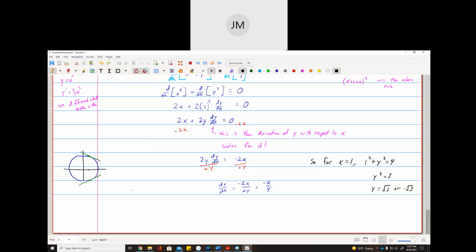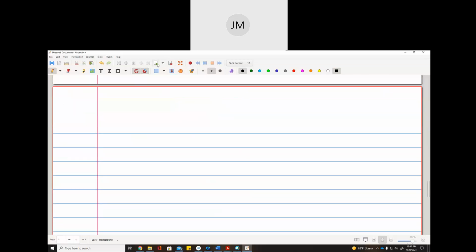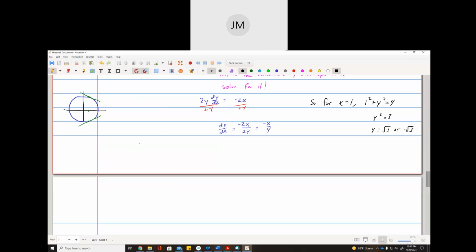So I have these two different points. So we have (1, root 3), and we have (1, negative root 3). Okay, so for each point separately, let's compute the slope.